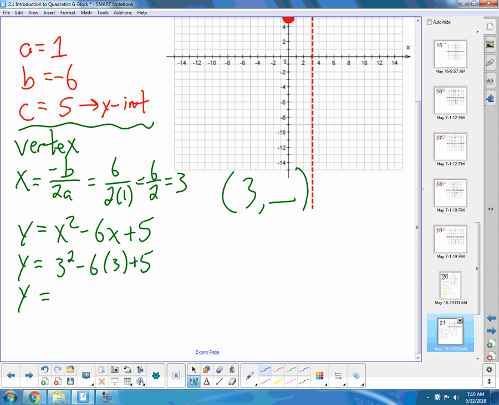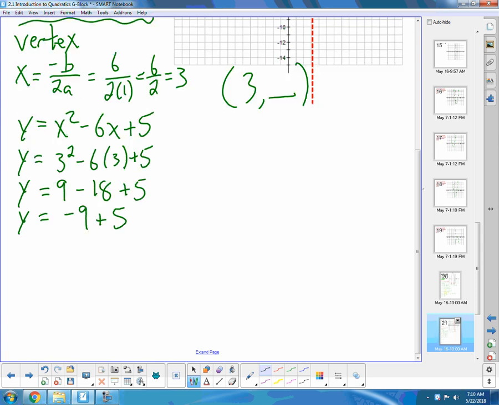I will perform the arithmetic and the order of operations. You might even want to watch it in slow motion, watch it a couple of times. I'm just going through some arithmetic here. But at the end of that, I get y equals -4. So my vertex, we started with an x-coordinate of 3. I get a y-coordinate of -4.